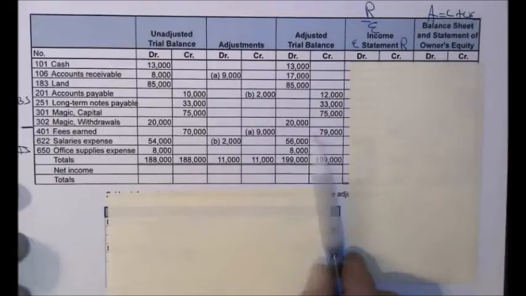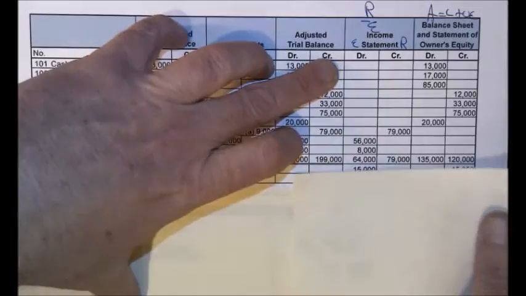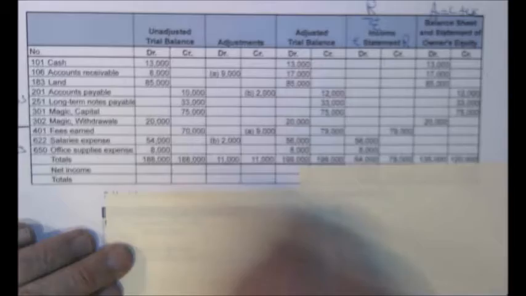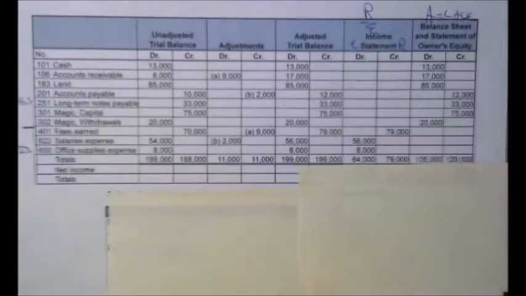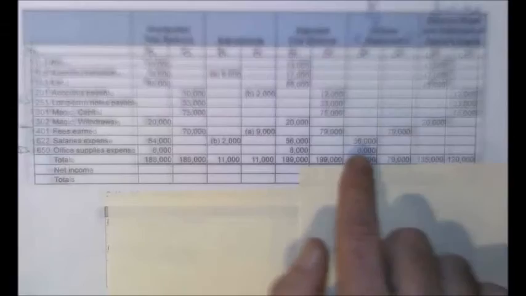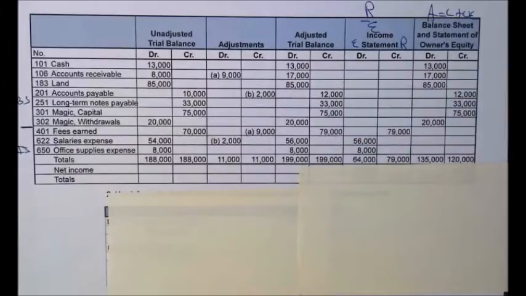So we just move them across according to what financial statement they belong to, right? So in the revenue, we have fees earned and expenses, we have those, and then I have assets, liabilities, owner's equity up here. What you're going to notice now, though, is we got a pair of columns and they don't balance, right?